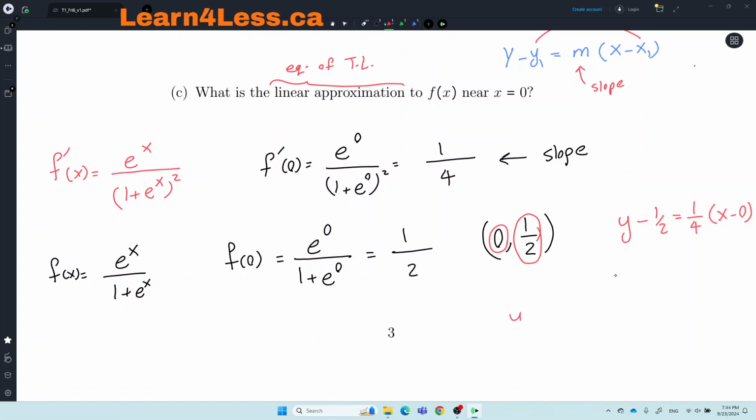So overall, y minus half is equal to 1/4 of x. Let's move this to the other side, which makes it plus half. So y equals 1/4 x plus 1/2. This is basically the linear approximation of the function at x equal to 0.